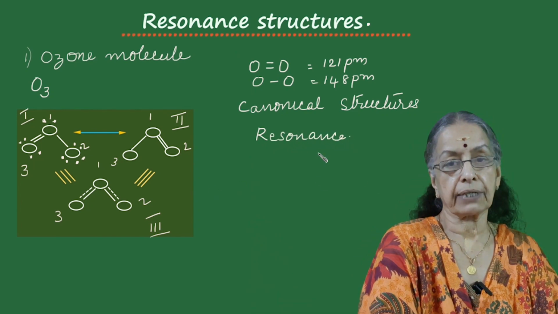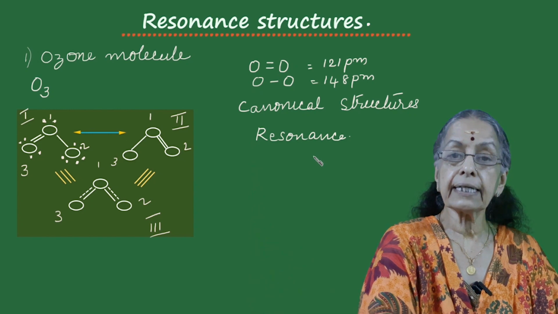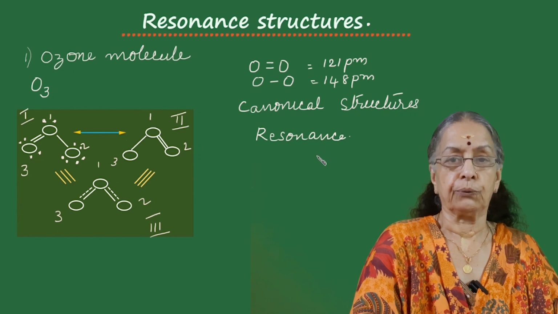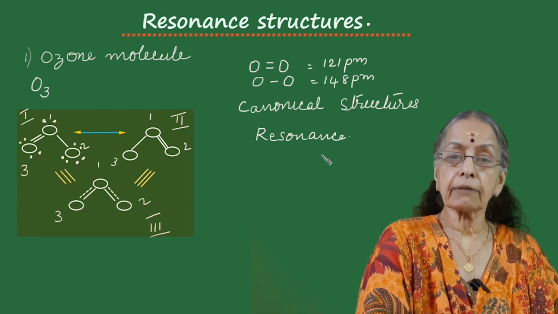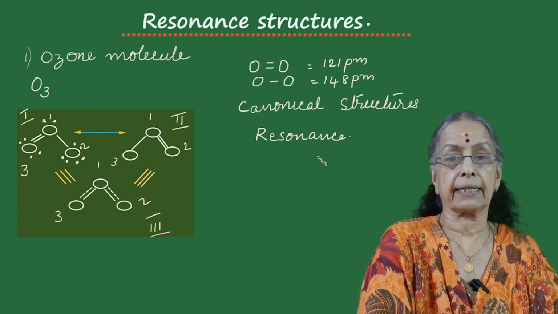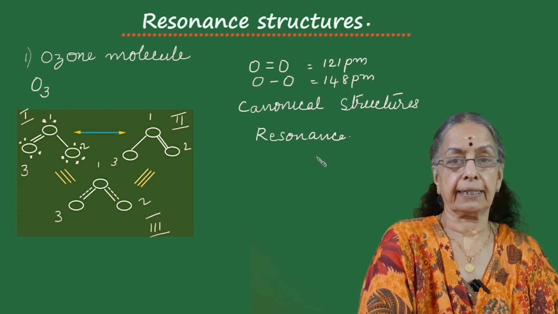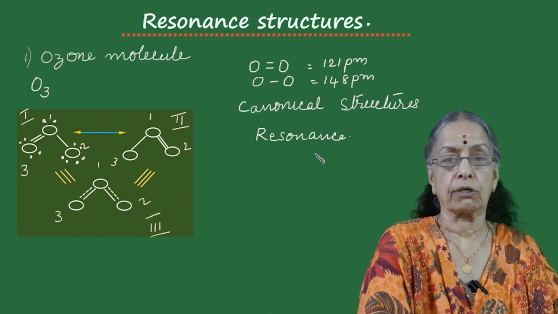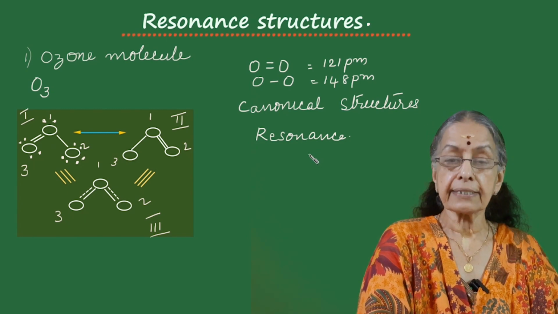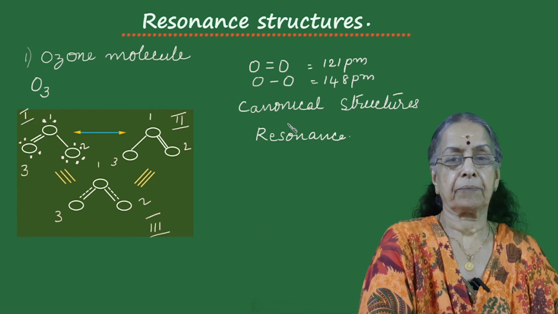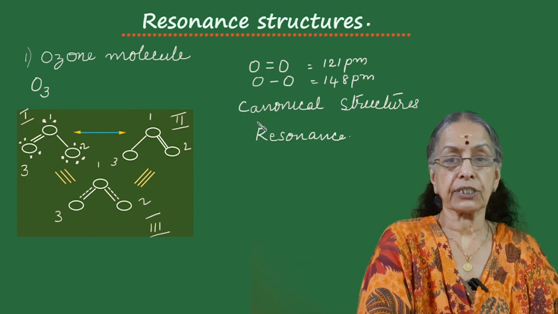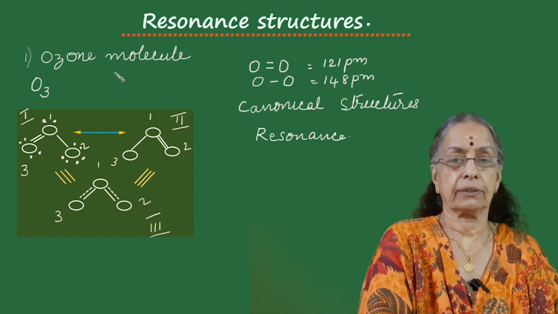According to the concept of resonance, whenever a single Lewis structure cannot explain the structure of a molecule, then a number of similar structures with similar energy, position of nuclei, and similar bonding and non-bonding pairs of electrons are taken as canonical structures. So, by the principle of resonance, structures 1 and 2 are canonical structures of the ozone molecule.